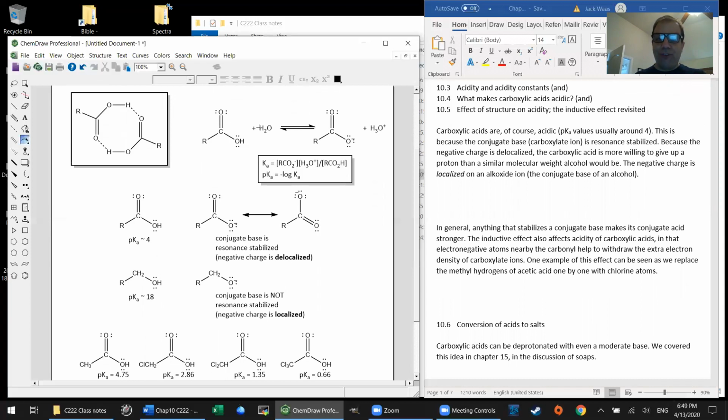And I'm sure you enjoyed endlessly writing out equilibrium equations like this, acid dissociation equilibria. This is one way to write it. You can also just write carboxylic acid only here, and on this side, the carboxylate ion plus H+. They mean the same thing.